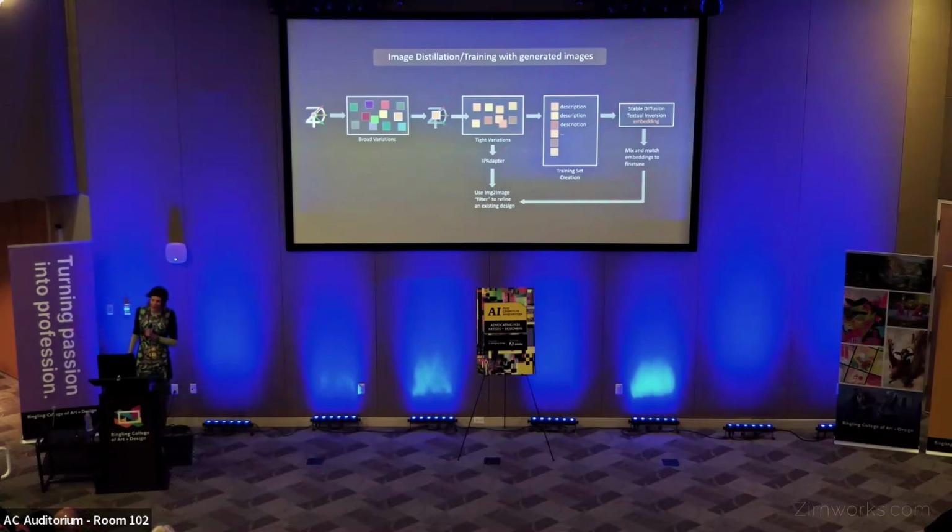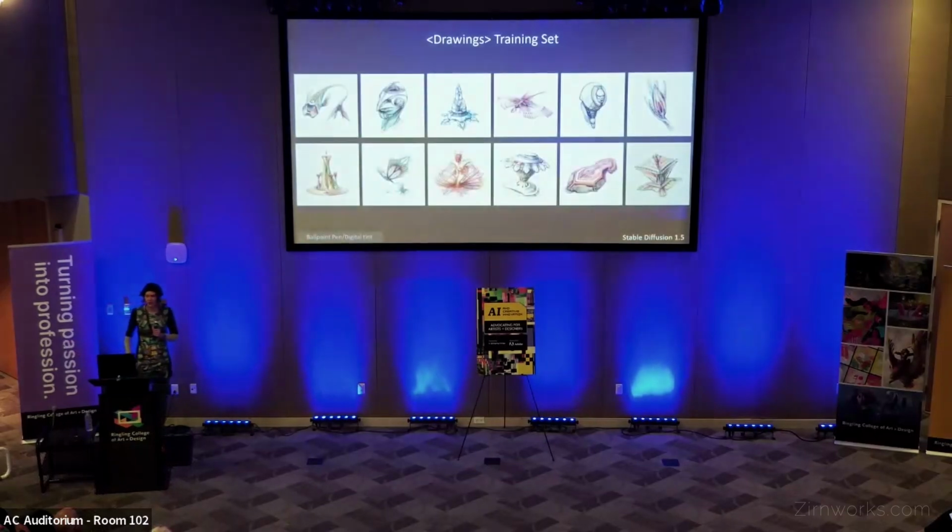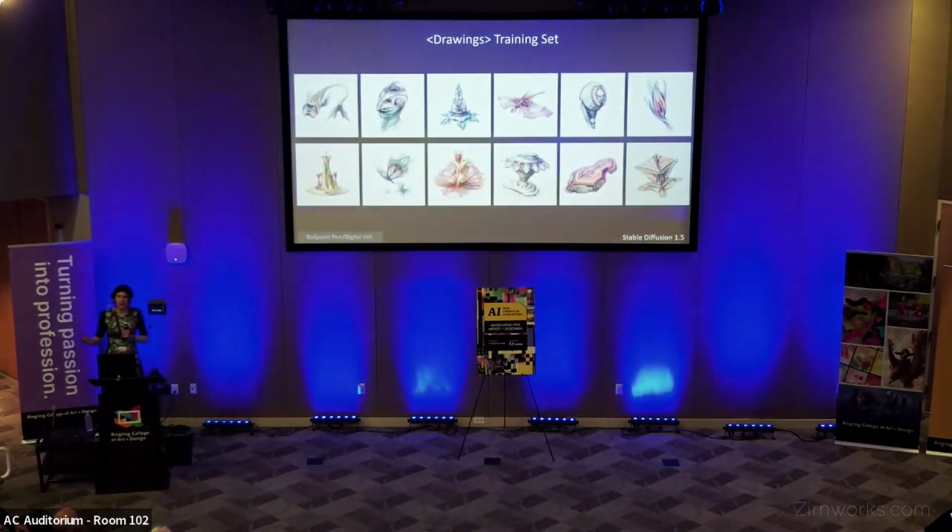And one thing I also want to note about this whole thing is, once again, newer is not better. The Stable Diffusion 1.5 model, which came out about 2 years ago, I think is actually better at capturing form language and more useful things to designers than the newer models. I'm going to show an example that was trained on 1.5, because the last ones were from 2.1.